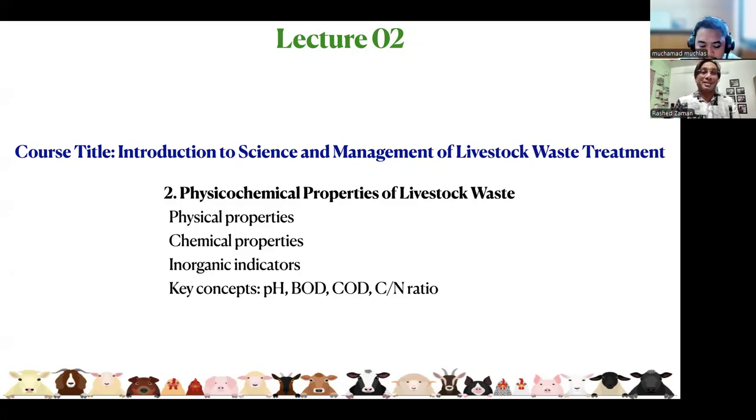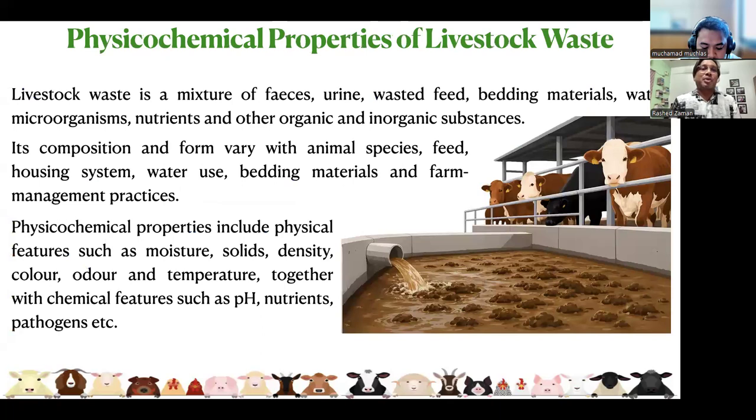So let's start. From my previous lecture, we know about livestock waste. That is, any kind of unwanted materials we get during the raising of livestock, for example, a mixture of feces, urine, wasted feed and bedding materials, different kinds of microorganisms, nutrients, and other organic and inorganic substances.